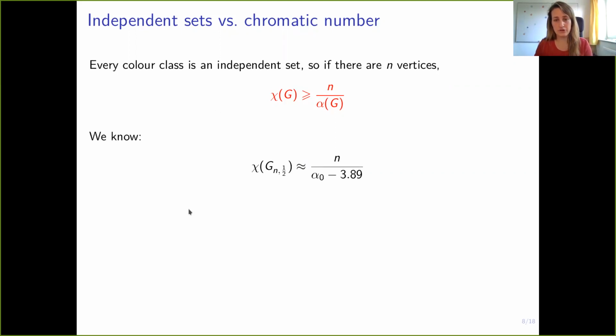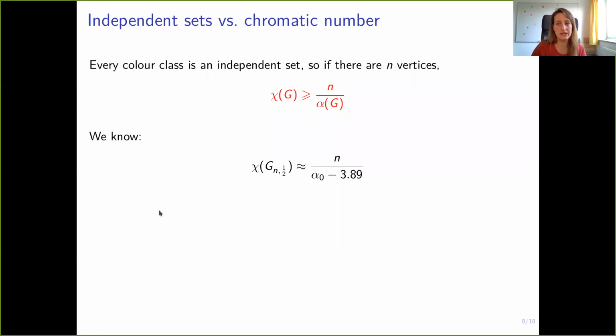So it's asymptotically correct for random graphs. And for G(n, 1/2), we know that the chromatic number is roughly n over alpha 0 minus some constant. This is the formula that we had on the second slide of this talk, I think.